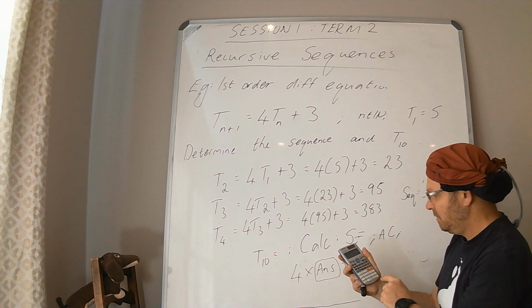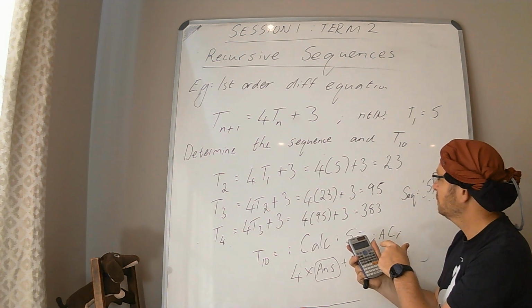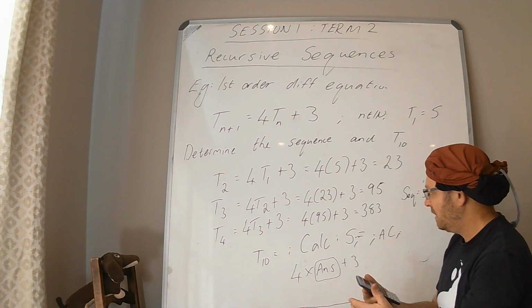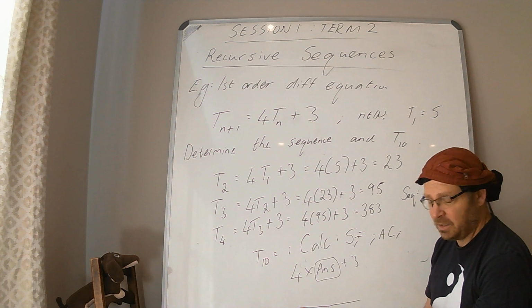So term 2 is 23, term 3 is 95, term 4 is 383. So it's working. Always check that it's working first.